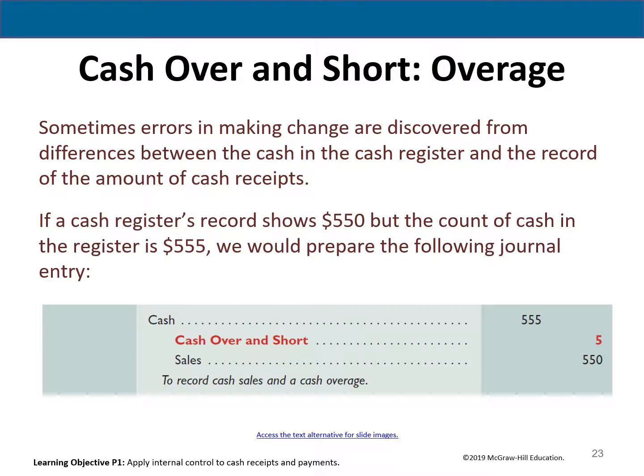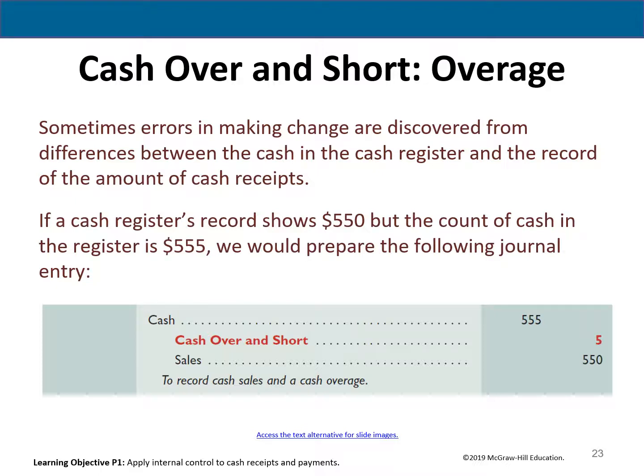Sometimes when we're dealing with cash, like in a cashier situation, the cash register record may not come out, and the cash account may not agree with the record of the sales and the actual cash count. And we call that cash over and short. Maybe it's human error. You know, the cashier gave out too much change or not enough change. It happens.